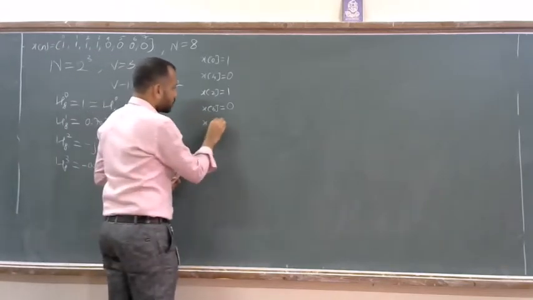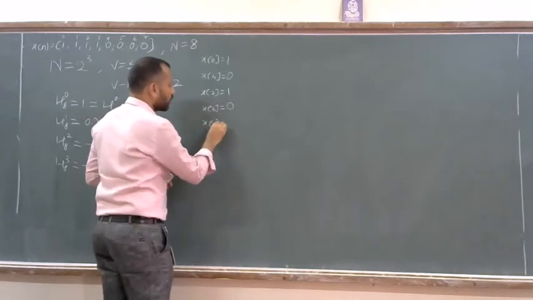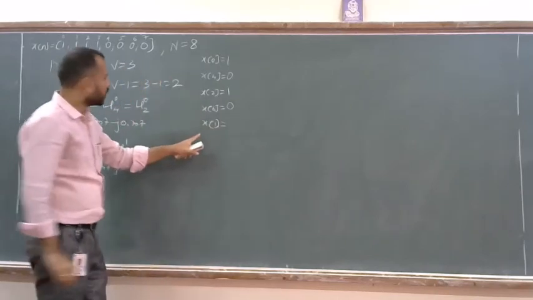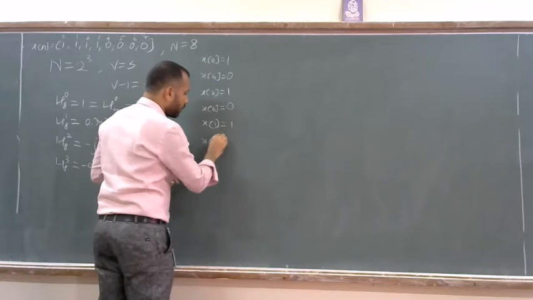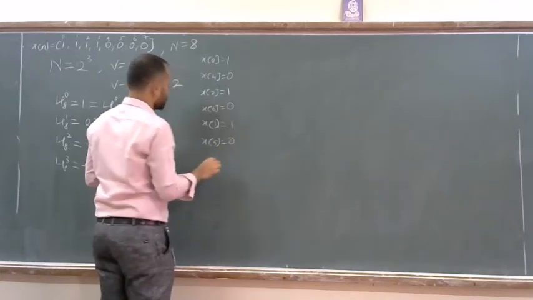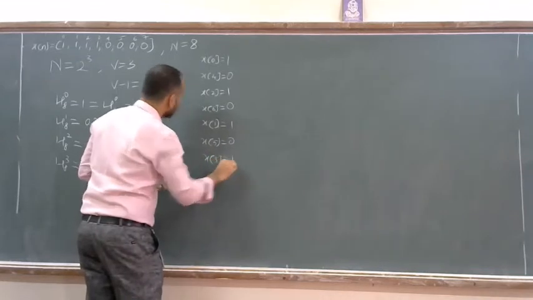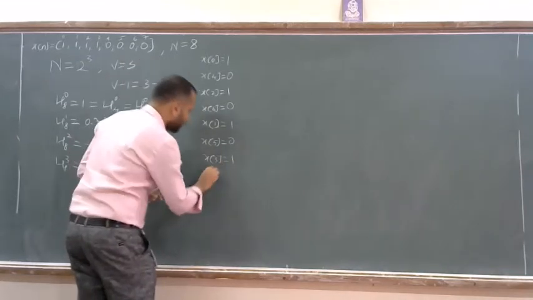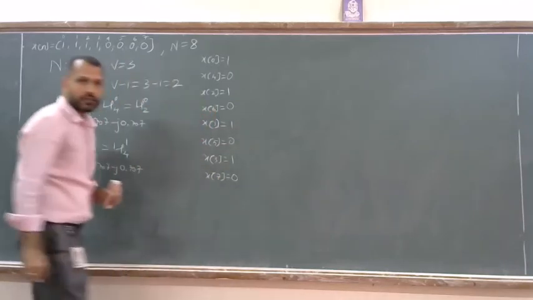Next, x of 1, whose value is 1. x of 5, whose value is 0. Next two are x of 3, whose value is 1. And lastly, x of 7, whose value is 0.